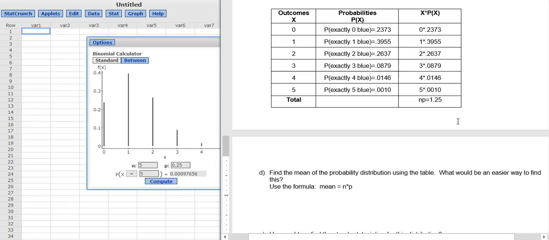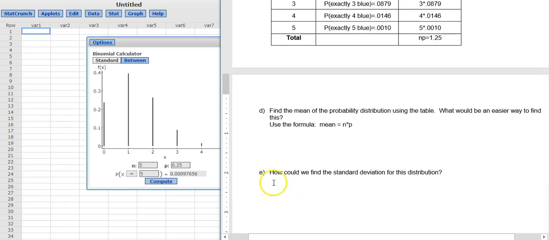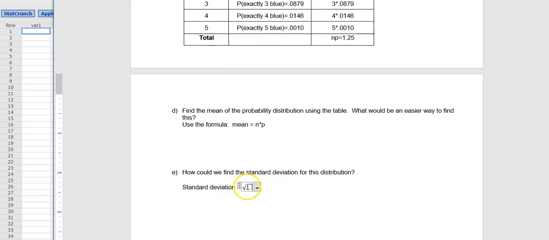But to do the standard deviation for a table like this, we really don't want to do that by hand. This is another one that has a super easy formula. If it's a binomial distribution, then the standard deviation is equal to the square root of n times p times 1 minus p.